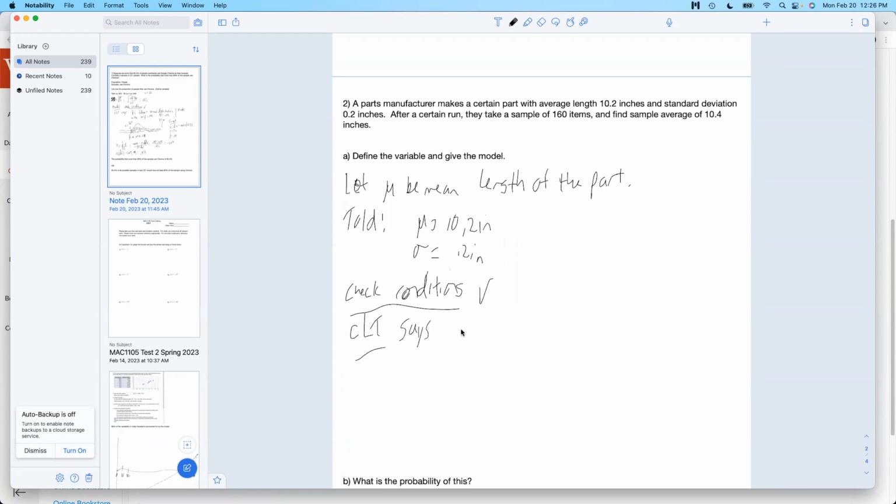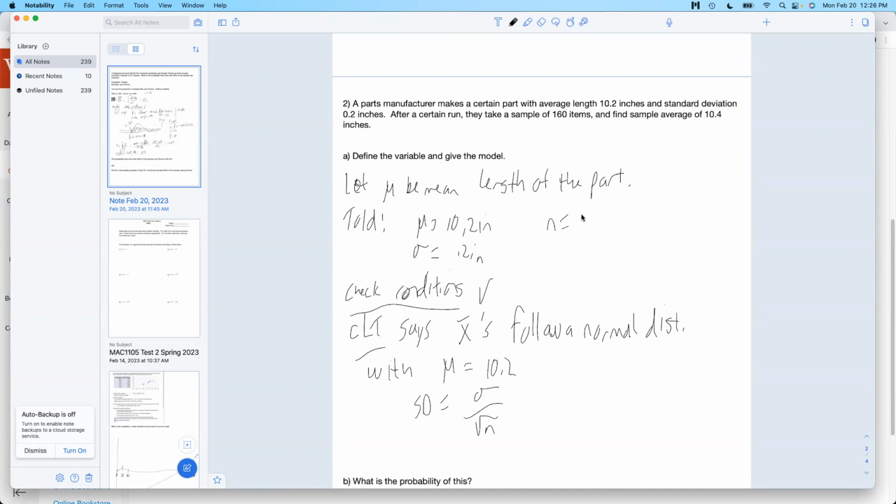that all possible sample means, the X bars, that's the sample mean, follow a normal distribution with the mean equals the population mean, 10.2 inches, and the standard deviation equals the population standard deviation divided by square root of n.